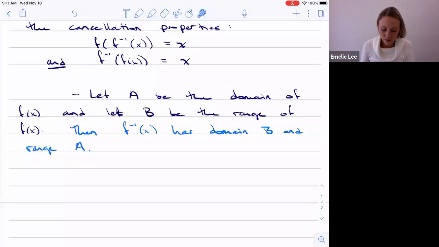One thing you can do here is, because it's easier to find the domain than the range sometimes, right? The range is the output values. Sometimes it can be hard to figure out what output values I could get here. So it's easier if you find the domain of f of x, and then also find the domain of the inverse, right? So just look at the inverse.